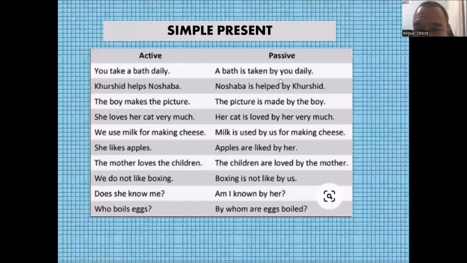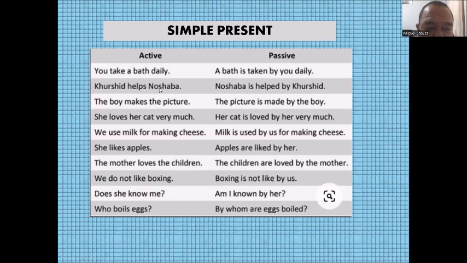As you can see in this other example, we have the preposition by. If mentioning the subject is necessary, you have to use by before mentioning it. Like in this example, a bath is taken by you daily. Let's see another example.